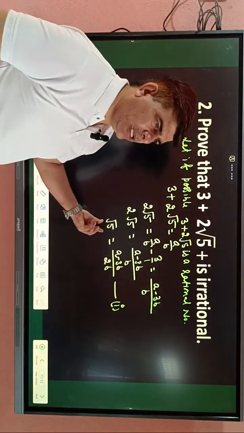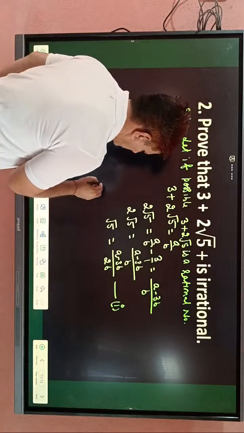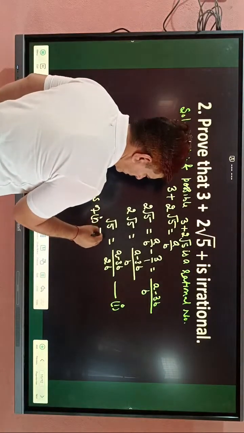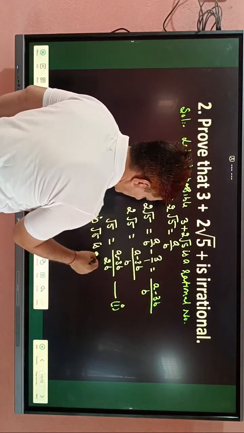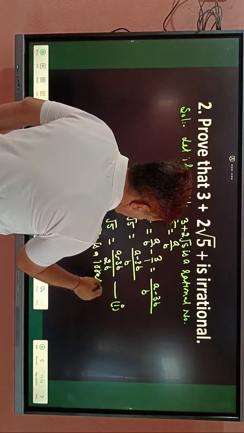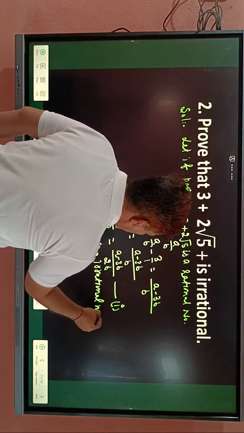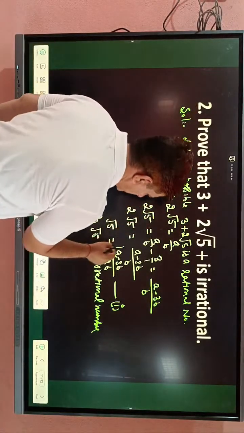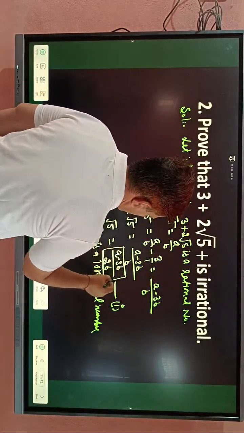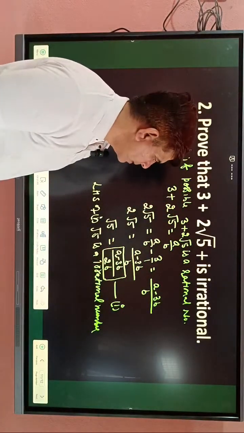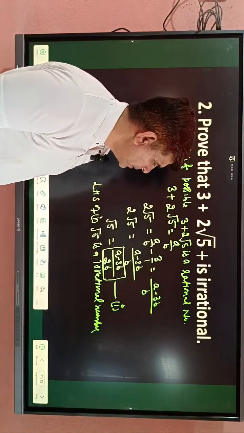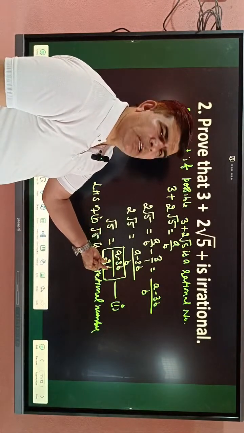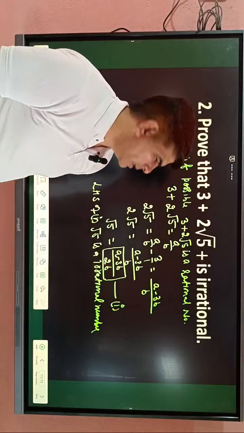What about the LHS of first? Under root 5 is an irrational number. Irrational number or not? And what about the RHS? Integer minus integer is an integer, divided by integer. So what's coming? A rational number.